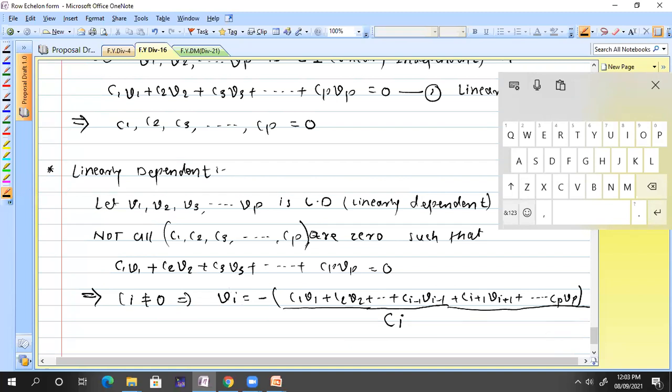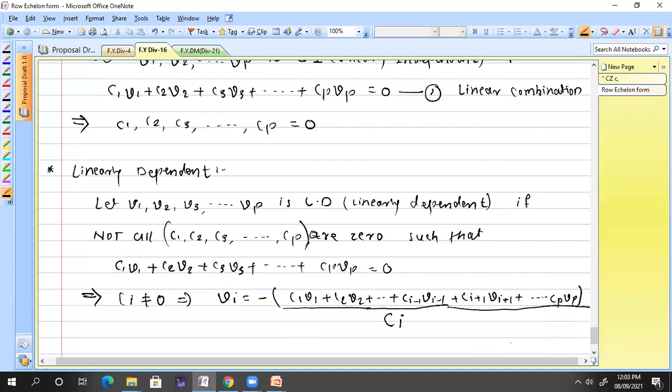Yes or no? Whether this is the case for the previous one, the linearly independent one? Are you getting now what I'm trying to say? Yes, sir. Okay, so here at least one is not equal to 0.